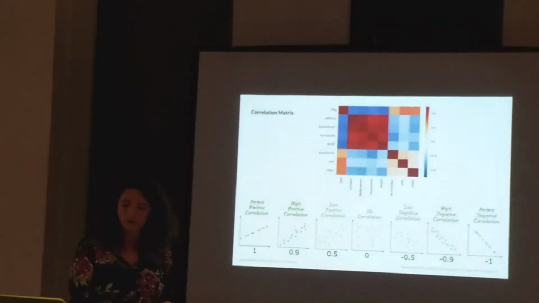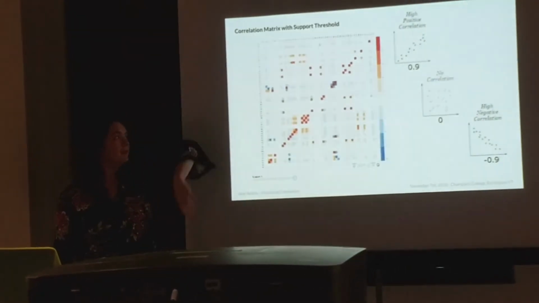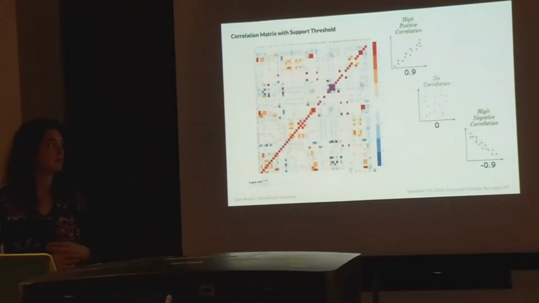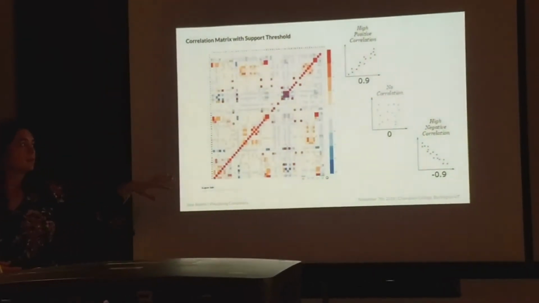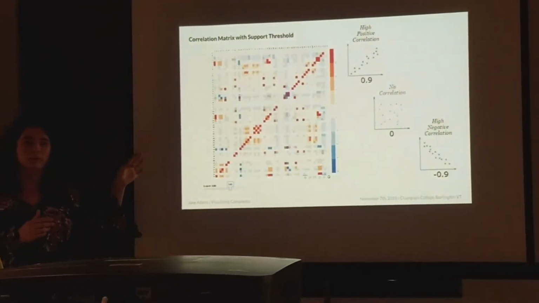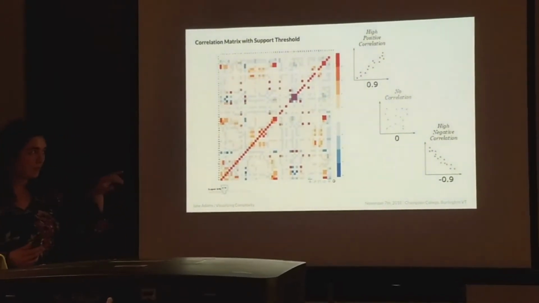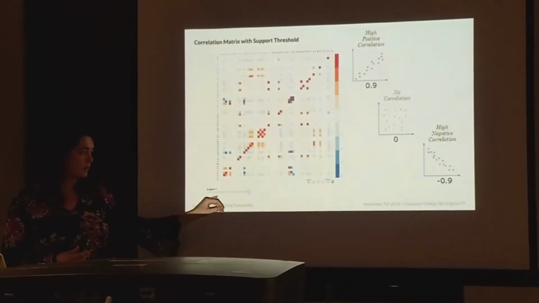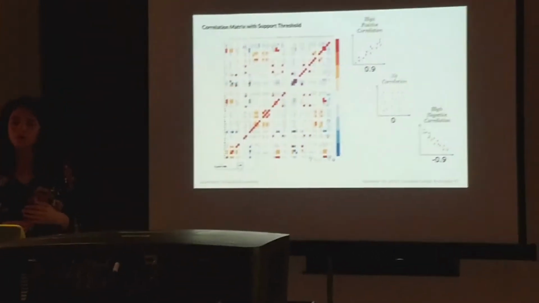I've had to obfuscate the names of the variables here because our data is under non-disclosure agreement. But this is a correlation matrix of a subsampling of some of our variables compared to other variables. And then what I did was I coded up this slider that shows how well supported these correlations are.